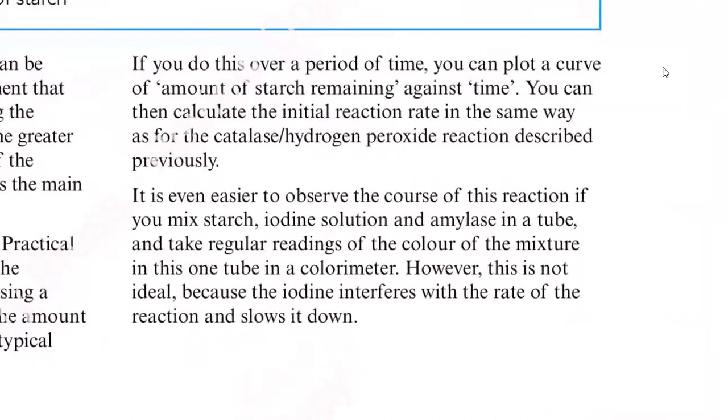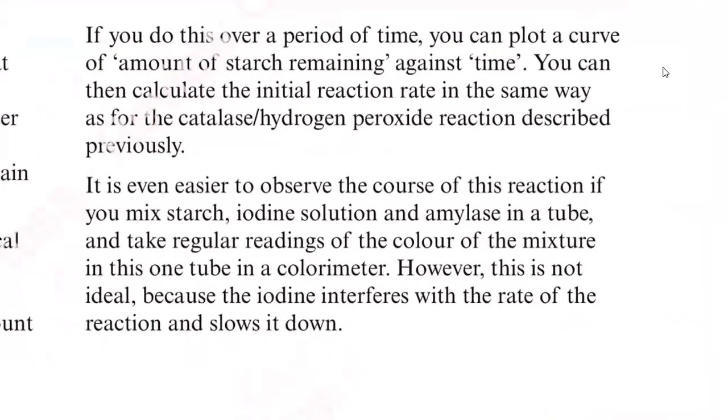If you do this over a period of time, you can plot a curve of the amount of starch remaining against time. You can then calculate the initial reaction in the same way as you did for catalase and hydrogen peroxide. It is even easier to observe the course of this reaction if you mix starch, iodine solution, and amylase in a tube and take regular readings of the color of the mixture in this one tube in a colorimeter.